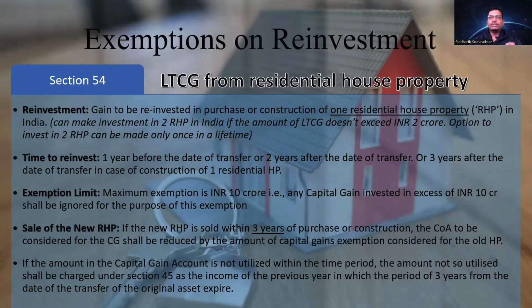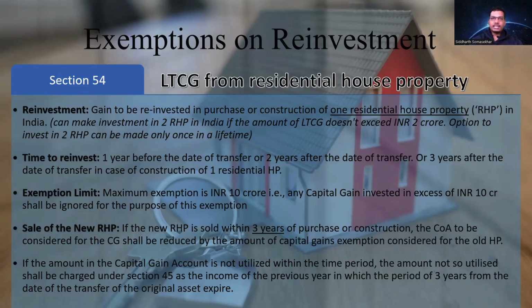So the provision says you put that amount in a separate bank account, which is called the capital gain account scheme. Whatever amount you put in that account will be considered as an exemption for that financial year when you sold the asset.